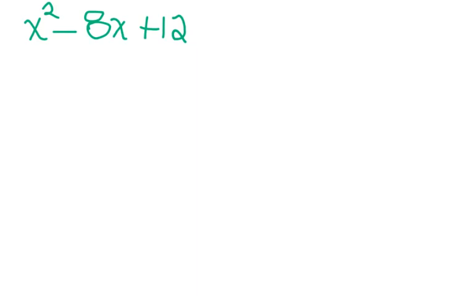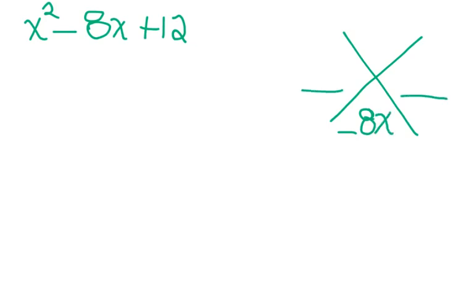The only thing that I need to note is when I do my diamond, that my middle term is negative 8x, and I need to make sure that those two numbers that I select are going to give me a negative number. So let's go ahead and make my rectangle.